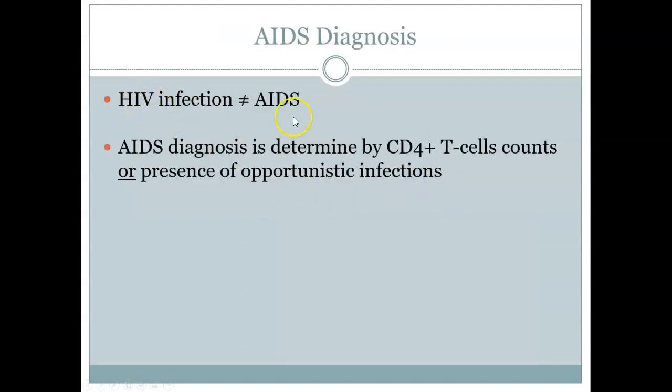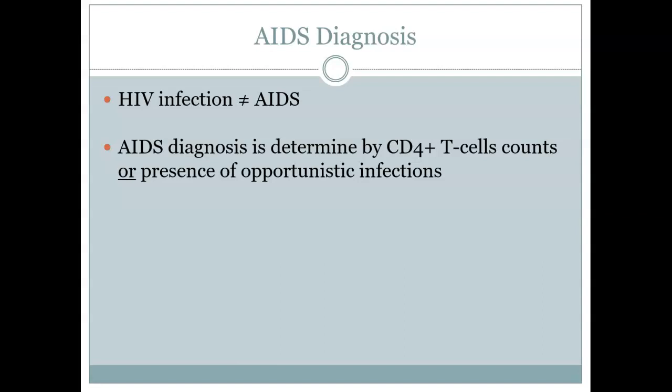So just know HIV infection does not equal AIDS. An AIDS diagnosis is determined by the CD4 T cell counts. So when someone's HIV positive, we start checking the patient's blood periodically, looking at the CD4 T cell counts or the presence of an opportunistic infection.